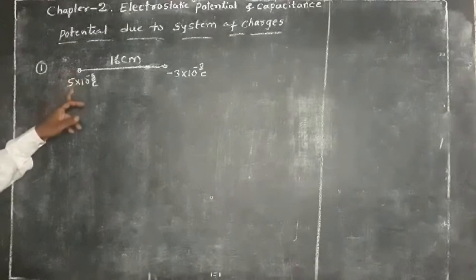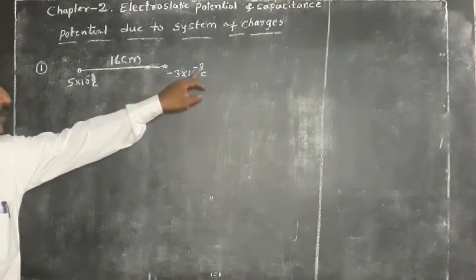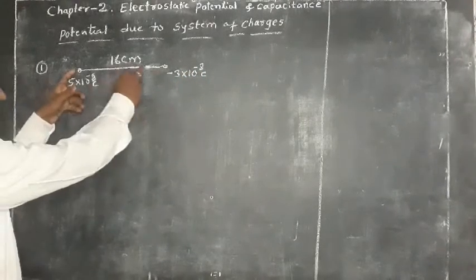Let Q1 equal to 5 into 10 raised to minus 8 coulomb and Q2 equal to minus 3 into 10 raised to minus 8 coulomb. They are at a distance of 16 centimeter.